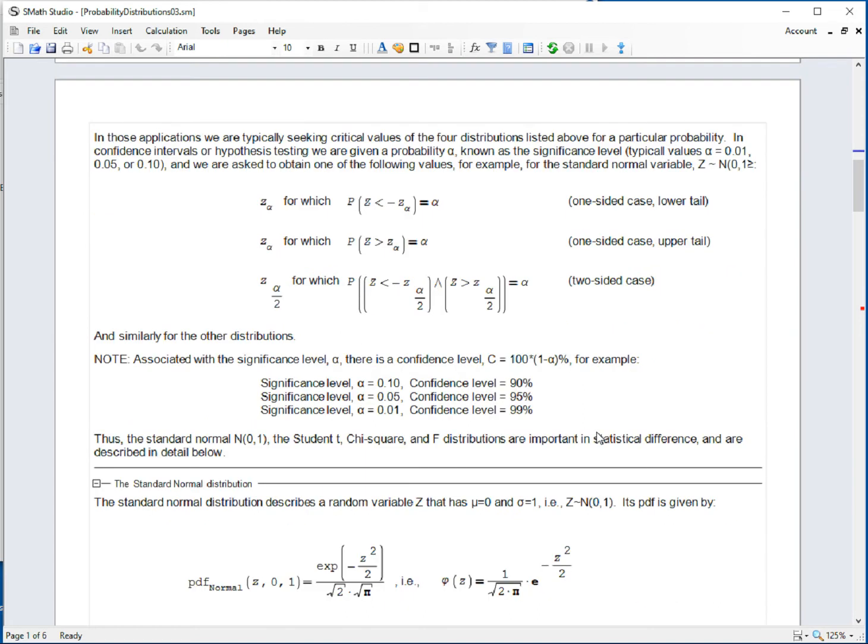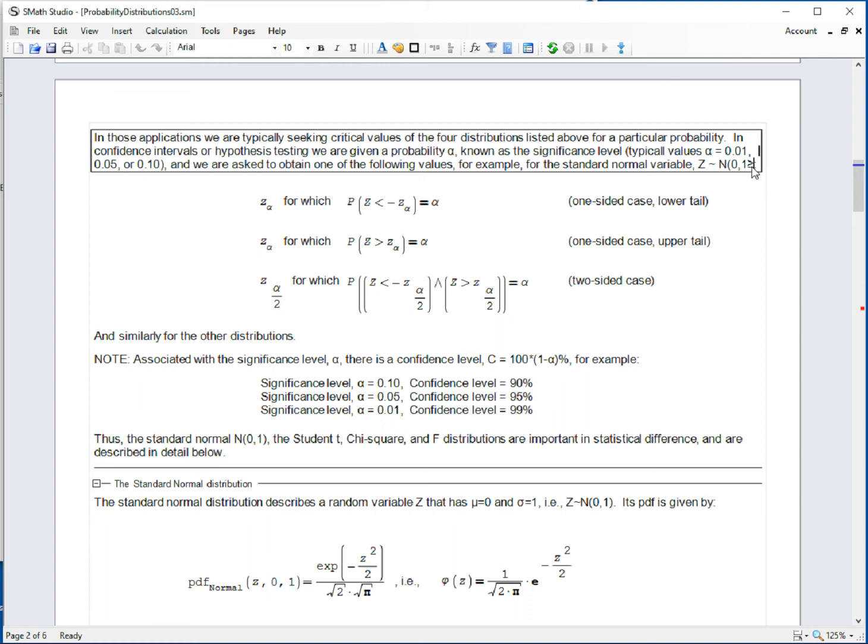The critical values of this distribution are such that the probability of z being less than minus z sub alpha is equal to alpha, where alpha is called the significance level and takes typical values of 0.01, 0.05, and 0.10.